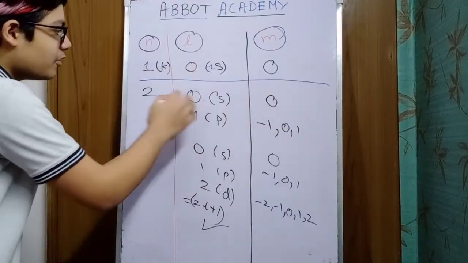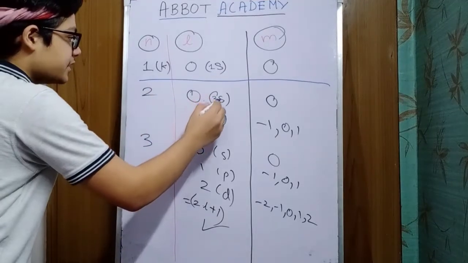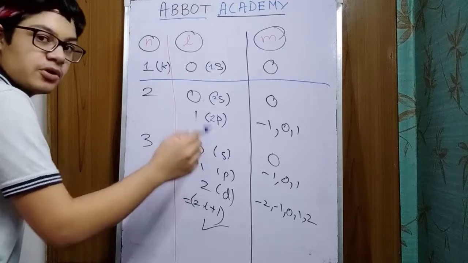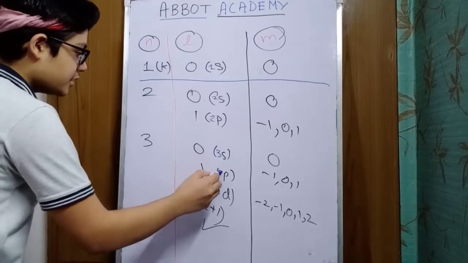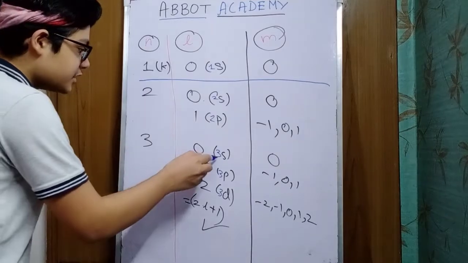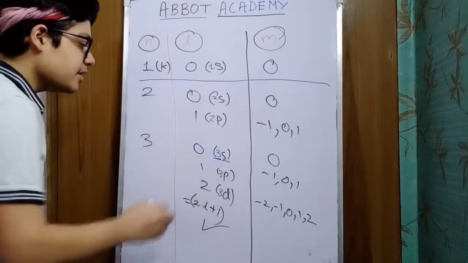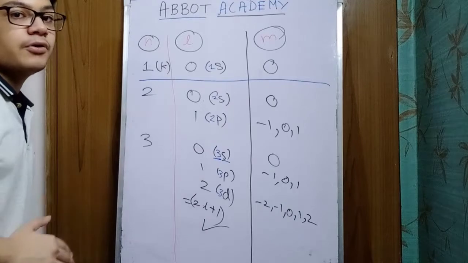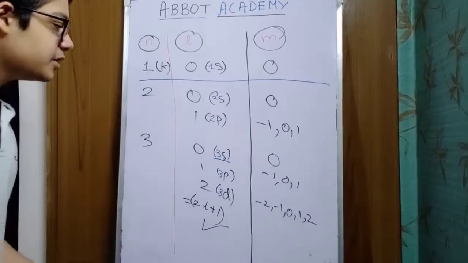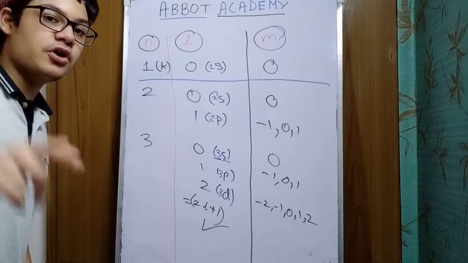Now this S belongs to the second shell, so we write 2 in front of it, and P belongs to 2. This S belongs to the third shell. Now it is complete. We always write the shell number first, and then the subshell. So this is the common form of writing the shells and the subshells. This will help you in the electronic configuration.